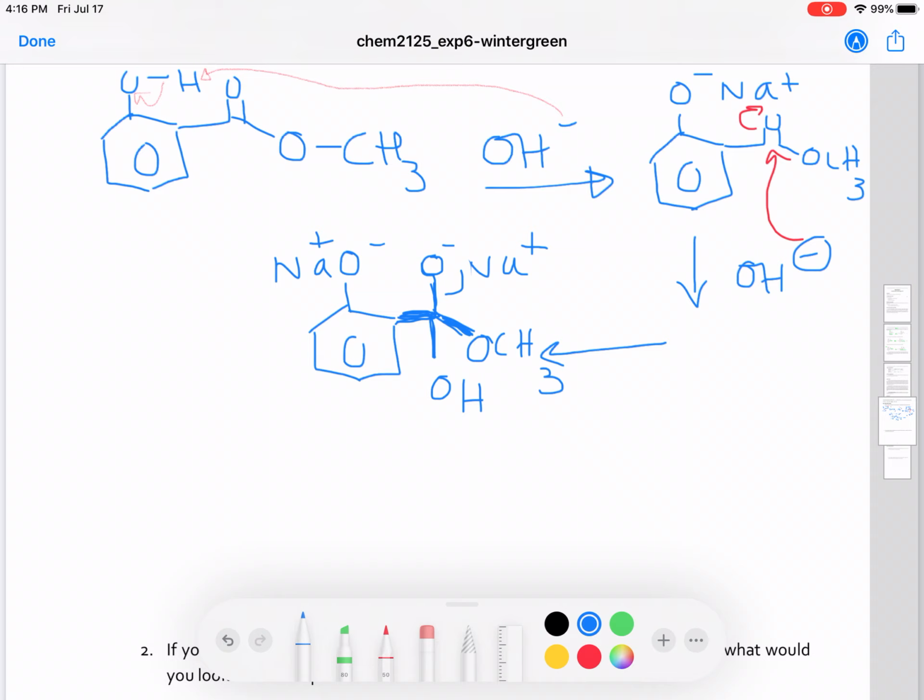The oxygen forms a pi bond and then it leaves the methoxide anion. This is sodium right there, and now you have this molecule.